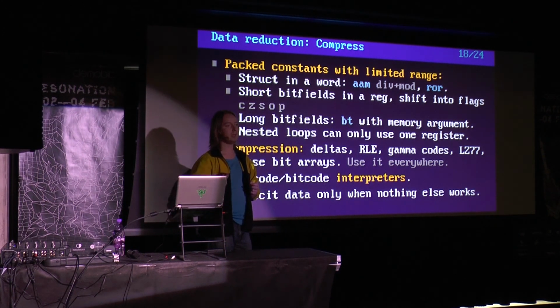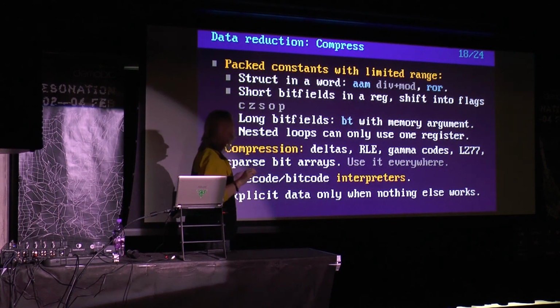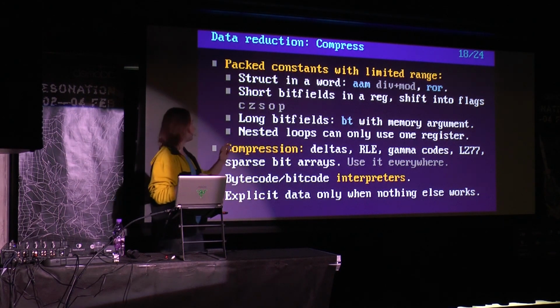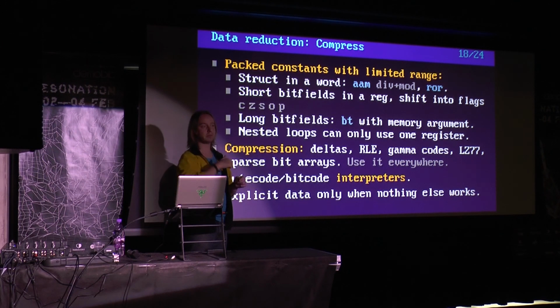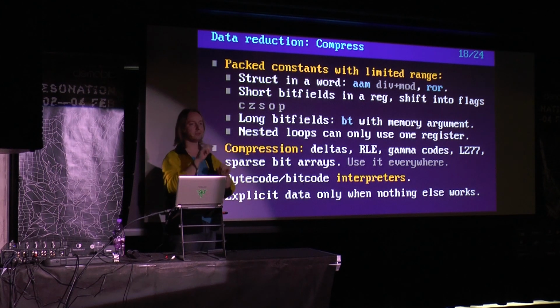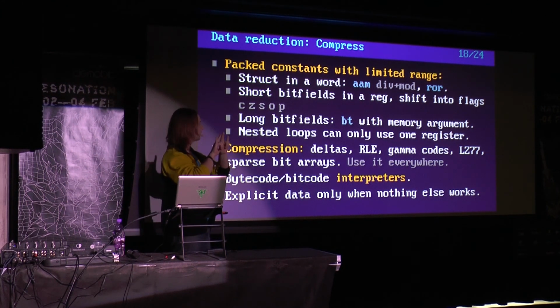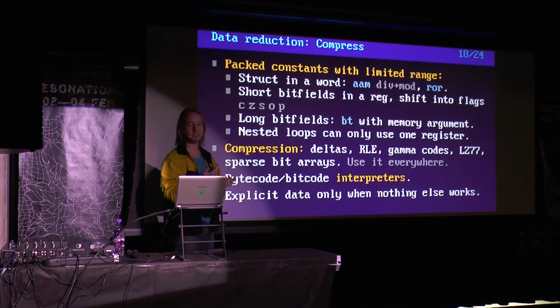You don't have to shift anything. For example, this technique is used in Crinkler to get the next bit of the compressed data. And nested loops, I told about this last year. When you have a nested loop, you can use the bottom part and top part as two different indices. So you can only use one register without restoring it after each iteration.